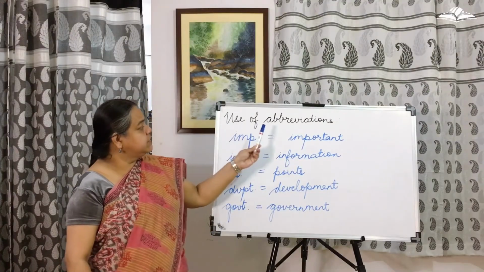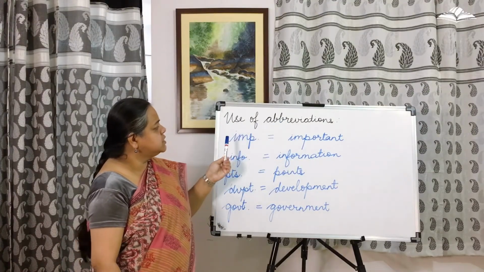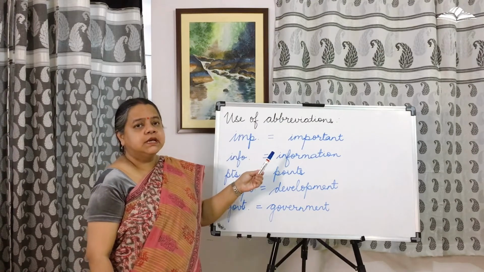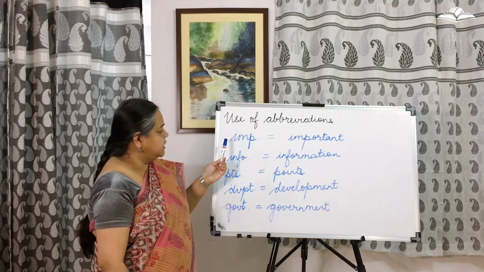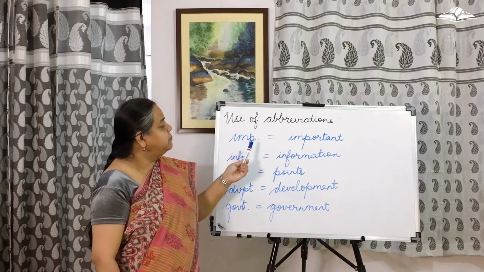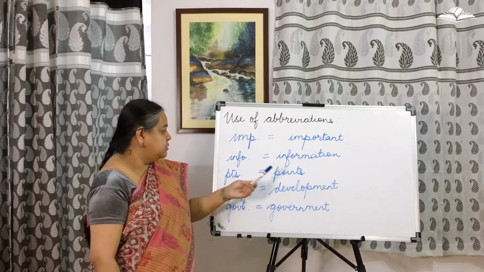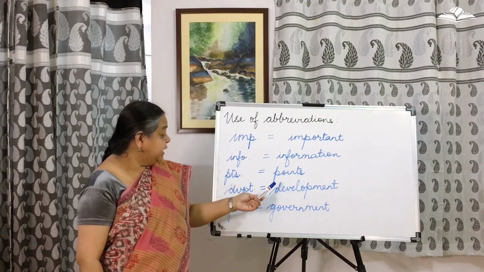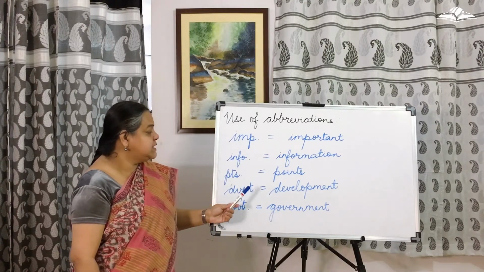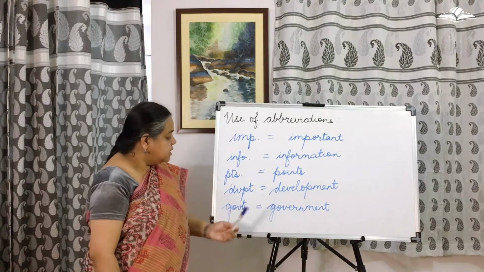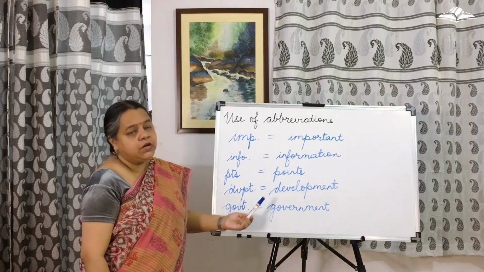If you can see here, children, I have used abbreviations for a few common words that we use generally, like we use IMP for important, info for information, PTS for points, DVPT for development, GOVT for government.